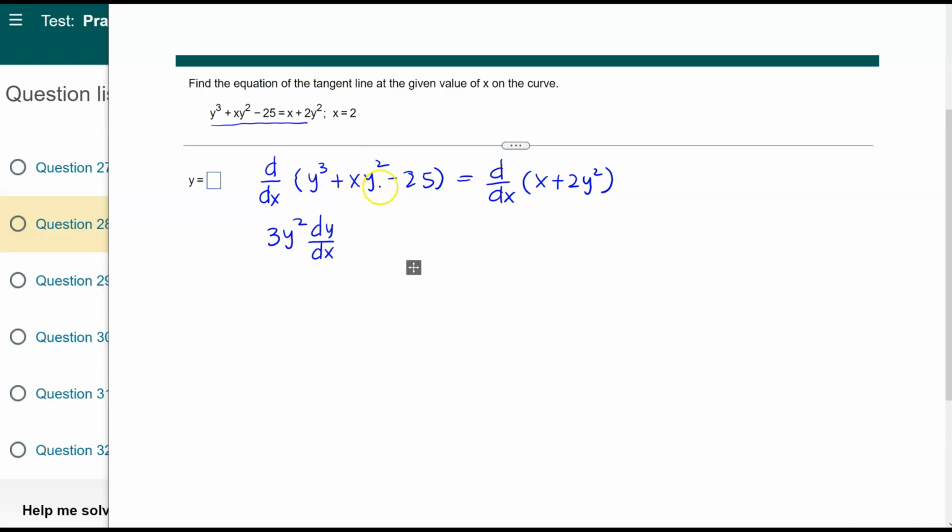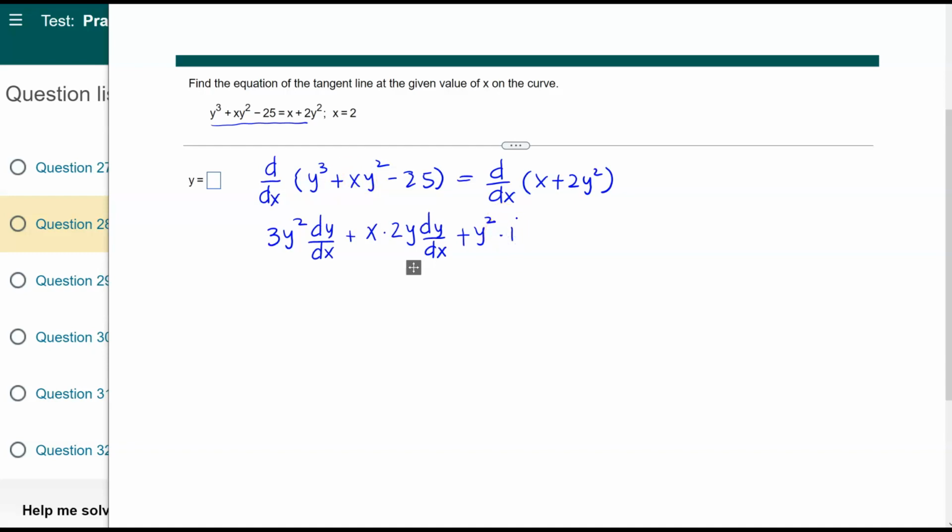And then here, you would apply product rule. So you have x times the derivative of y squared, that is 2y dy dx, plus y squared, copy y squared times differentiate x, so that's 1.